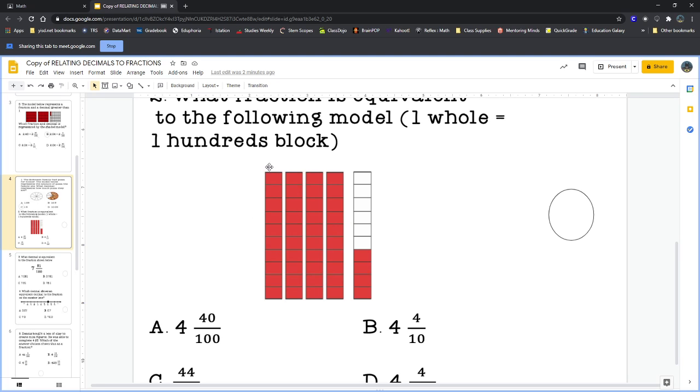We do see that instead of the hundredths block, they have some tens or some tenths. How many whole tenths do they have? How many whole rows of blocks do they have here? Noah, how many whole rows of blocks do they have?